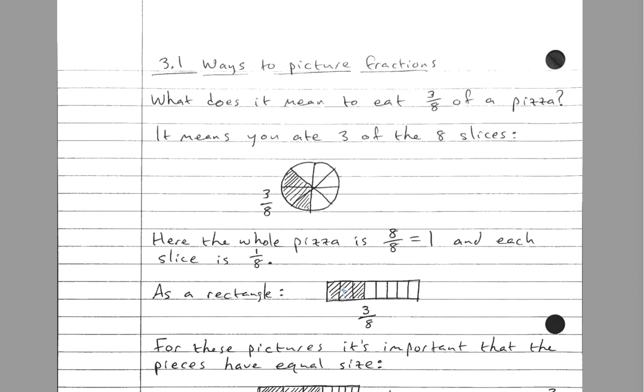If you wanted 7/8, you just shade in 7 of the rectangles. So 7/8 would look like this.